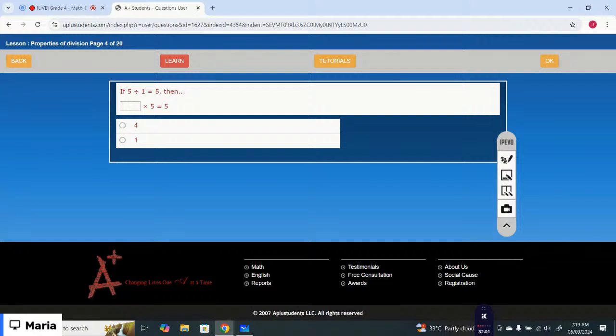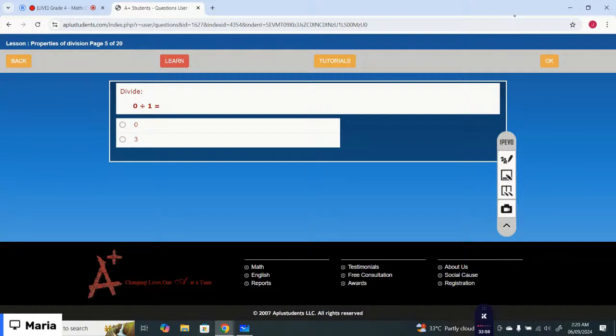So the missing number is 1. 0 divided by 1 equals, the correct option is 0 divided by 1 is 0, right?